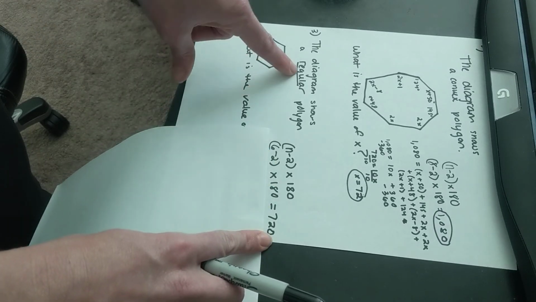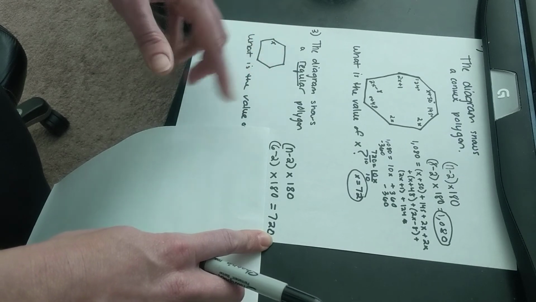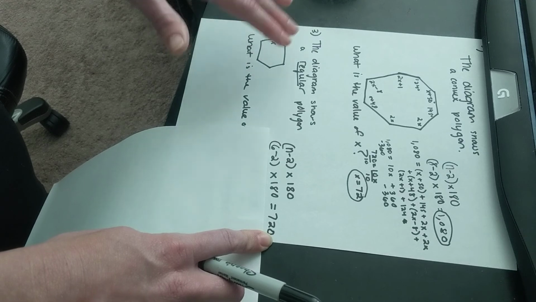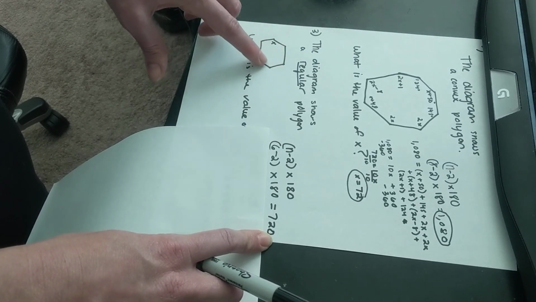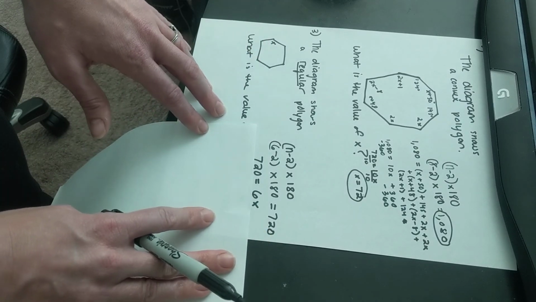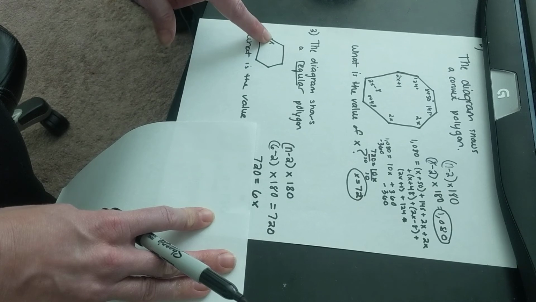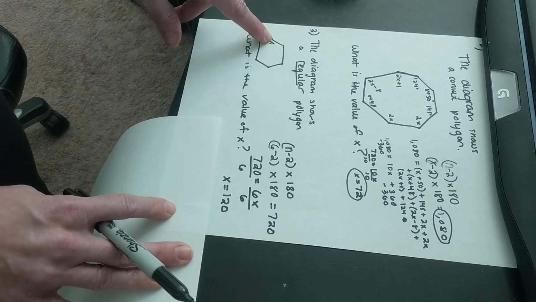If it is a regular polygon, all angles are the same, so all of these represent an x because they're all the same value. So 1, 2, 3, 4, 5, 6 angles. So 720 should equal 6x, 6 of these because they're all the same value. Then divide by 6 on both sides and your x should equal 120.